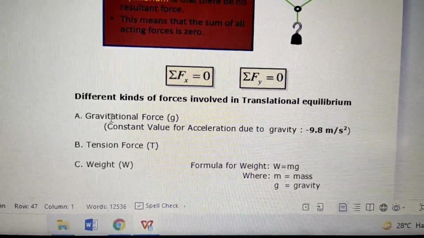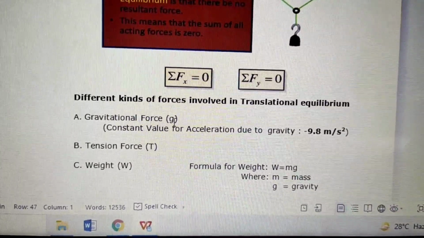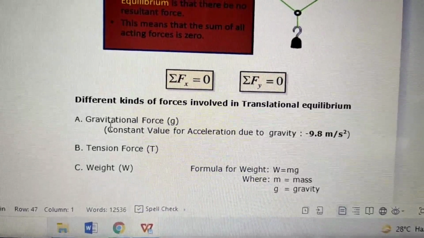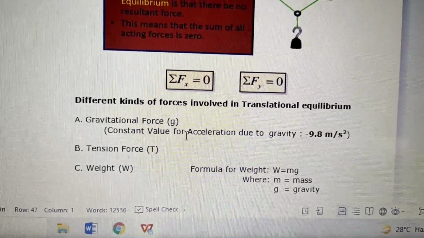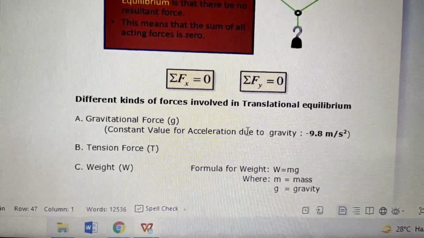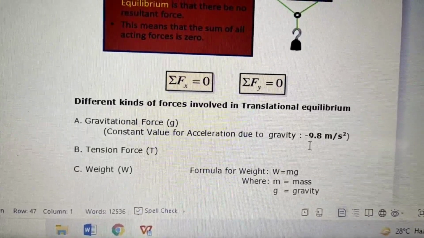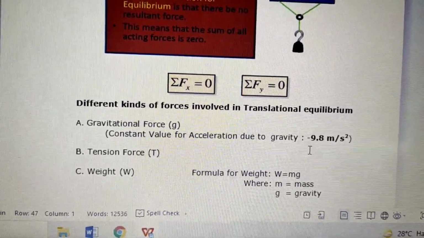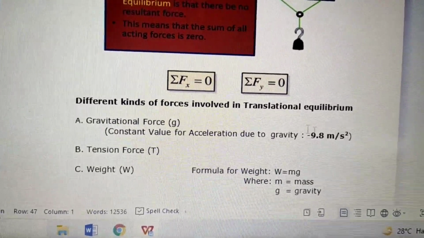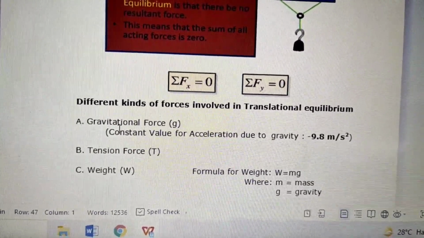The first force is the gravitational force. It has a constant value due to acceleration of gravity, which is negative 9.8 meters per second squared. That is your gravitational force.